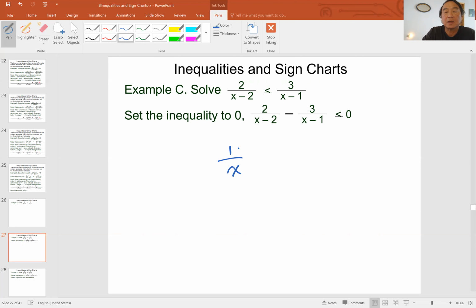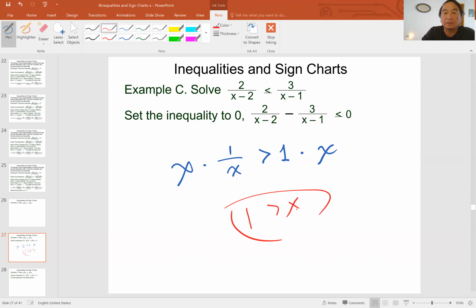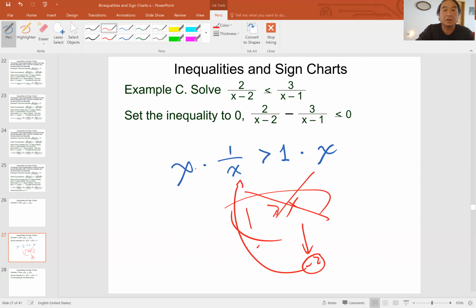If I start with 1 over x is bigger than 1, and multiply both sides by the common denominator, then you get 1 is bigger than x, and you find out this answer is just not correct. For instance, if x is minus 2, it's less than 1, but if I put minus 2 there, it doesn't work. So this is the wrong answer.